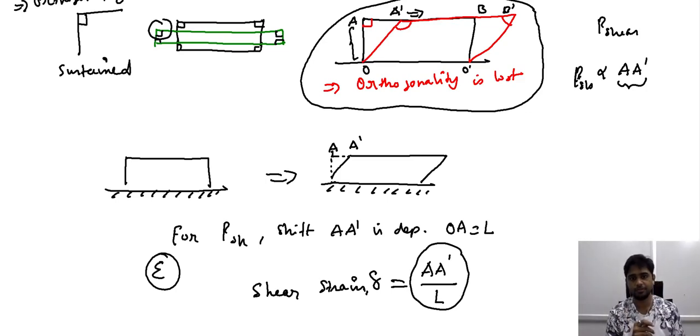Meaning, when we observe a response offered by the material for an imposed shear load, the response can be described in two ways. One is the loss of orthogonality. So initially two sides were perpendicular to each other, orthogonal to each other. Now the orthogonality is lost. Secondly is by considering the shift in the corners. So these are two different ways we can describe the response offered by the material for the imposed shear load.